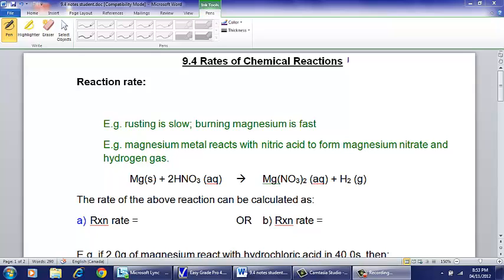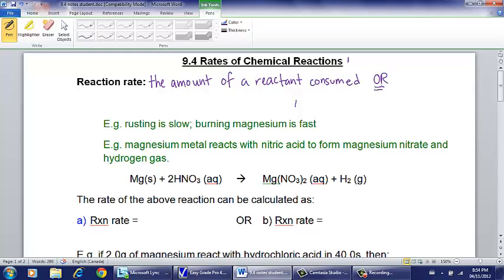Reaction rate is really the speed of the reaction, and it can be defined as the amount of a reactant consumed, or the amount of a product formed in a given amount of time, or per unit of time.